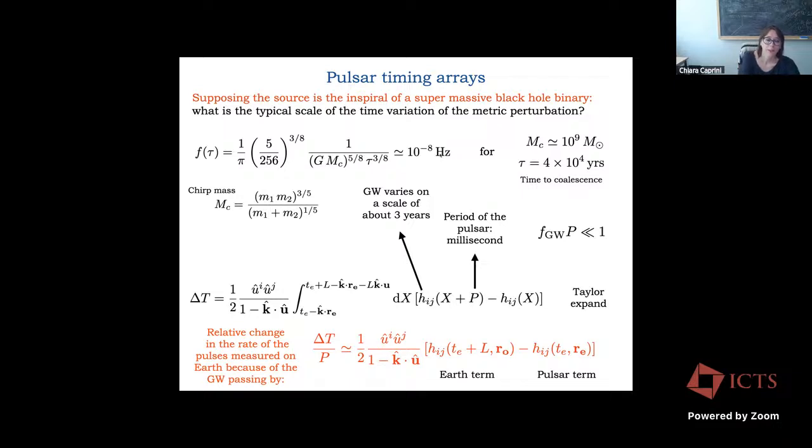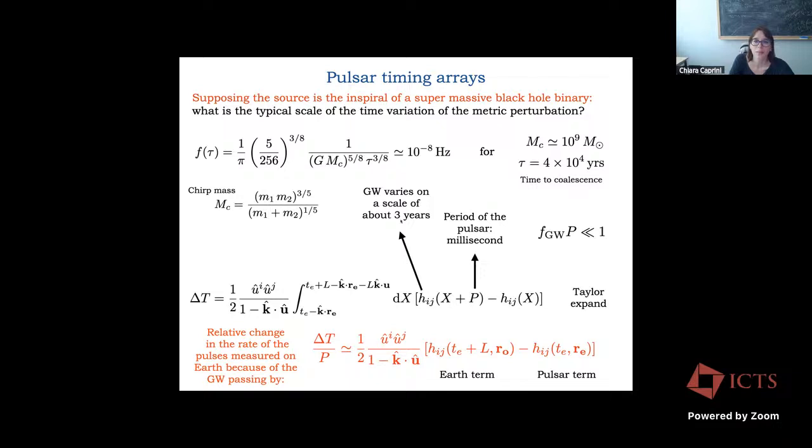Now let's see with this what we can do on this formula. It is clear that the gravitational wave varies on a scale of about 3 years, which is the inverse of this 10^-8 hertz.